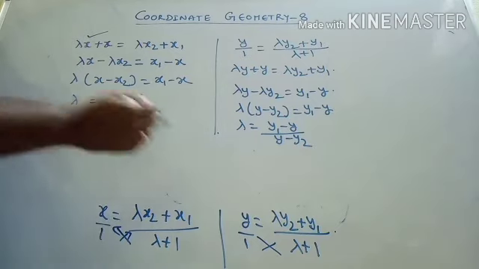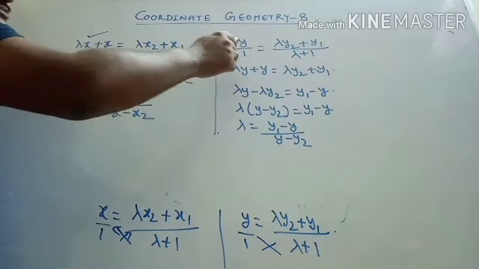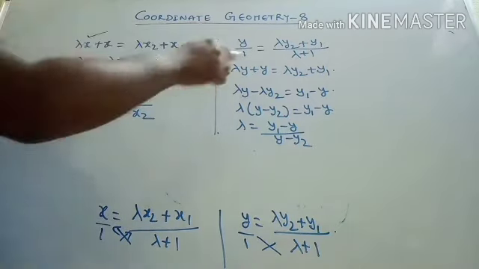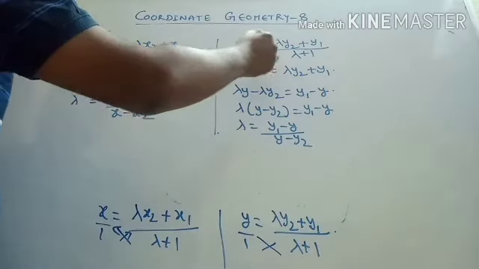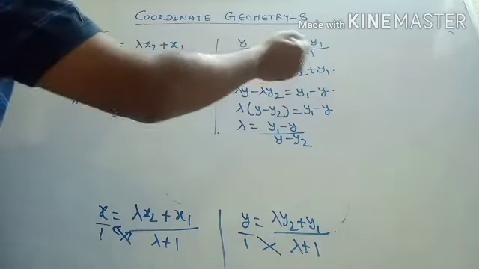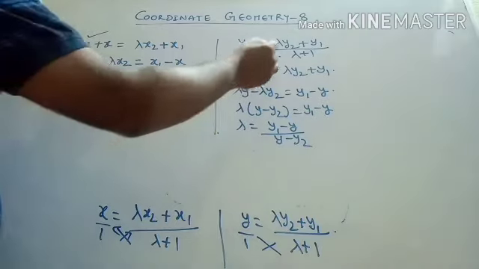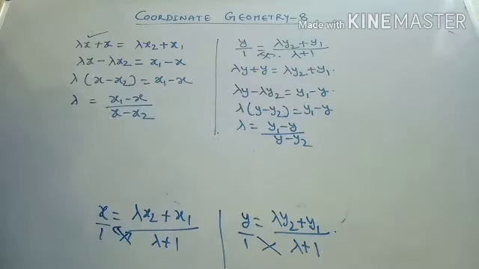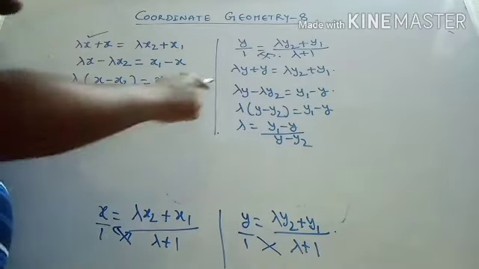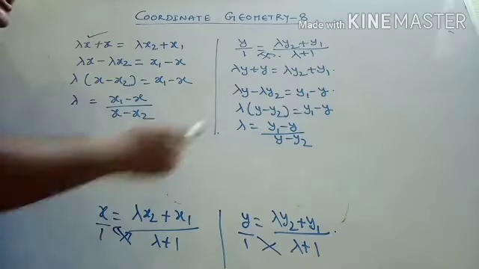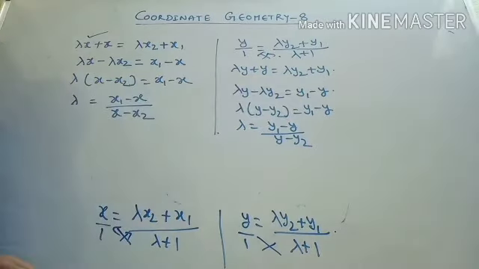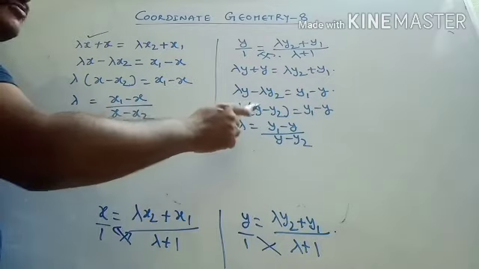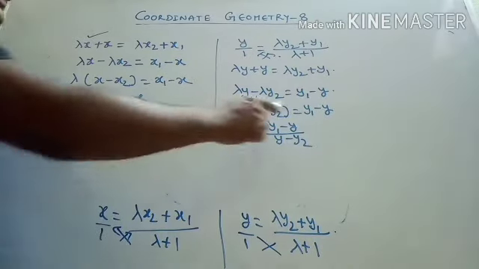In the same way, for the y coordinate we equated, if you do the cross multiplication we get lambda y plus y is equal to lambda y2 plus y1. Now lambda y minus lambda y2 is equal to y1 minus y. Taking lambda common, lambda (y minus y2) equal to y1 minus y.